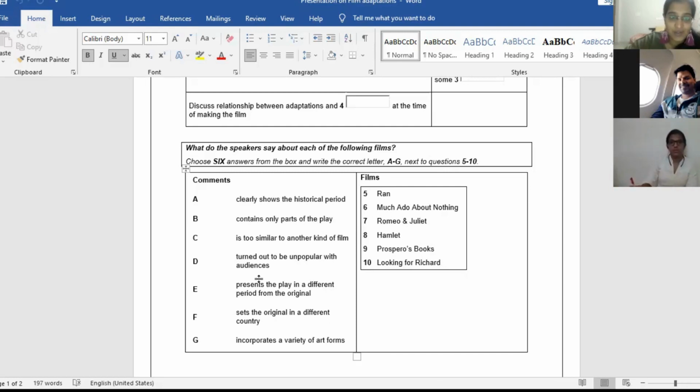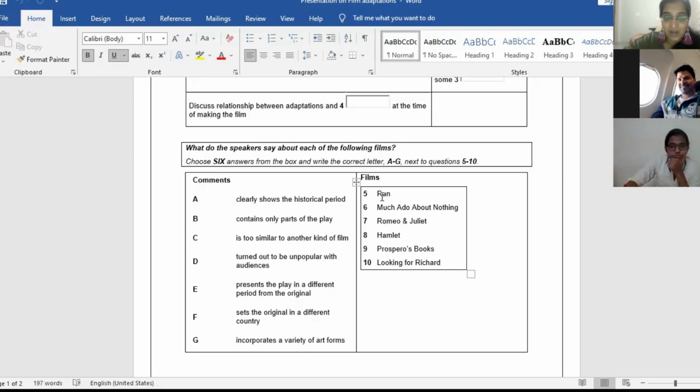Okay, and here on the left-hand side, you have about 7 comments. The first one says, clearly shows the historical period, contains only parts of the play, is too similar to another kind of film, turned out to be unpopular with audiences, presents the play in a different period from the original, sets the original in a different country, incorporates a variety of art forms.